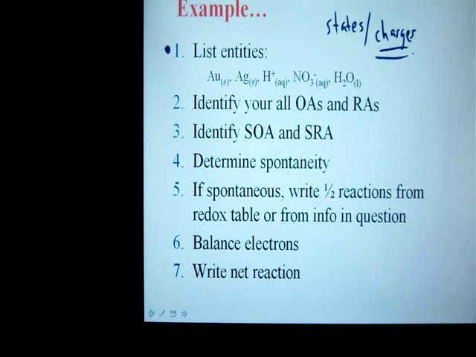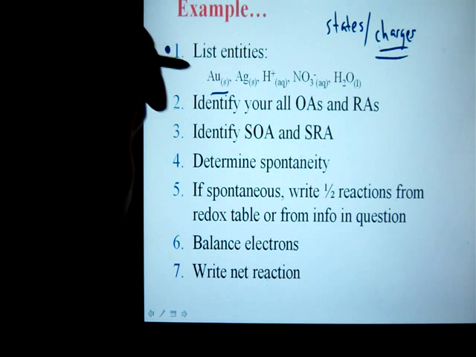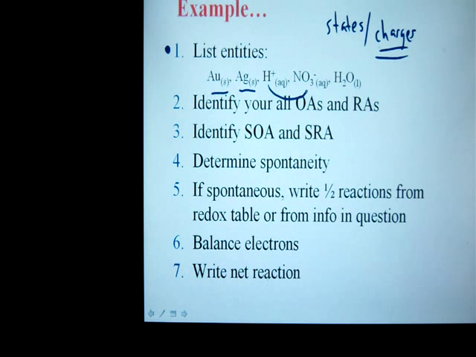Now, when I'm determining my entities, I have to decide which substances are going to break up, which will not. So here we had pure gold, we had pure silver. Those aren't going to break up. No pure element will break up. But then I have this H and then an NO3. Well, that came from nitric acid.